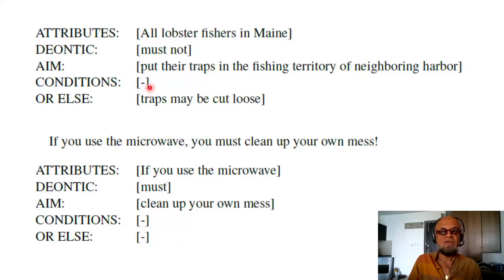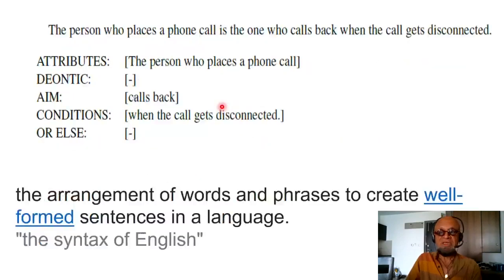Similarly here, if you do put the traps in the neighboring harbor, traps may be cut loose, but is it something that somebody is always checking, or does it happen if you happen to be caught, or if somebody reports you?